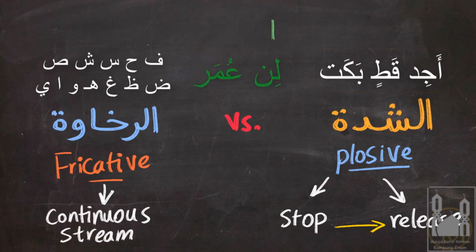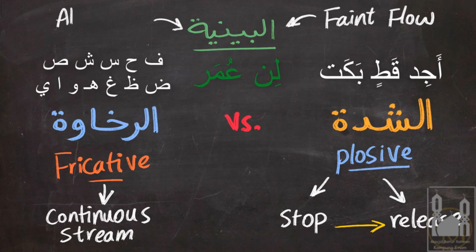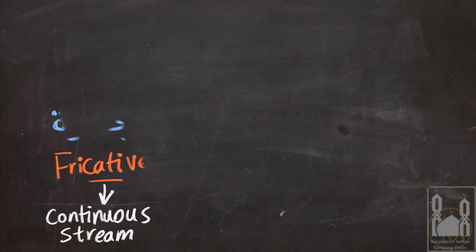And between them, al-huruf al-bayniyya, which are the letters of Lin Umar. And these letters are produced with a faint flow of air passing through an almost closed makhraj.